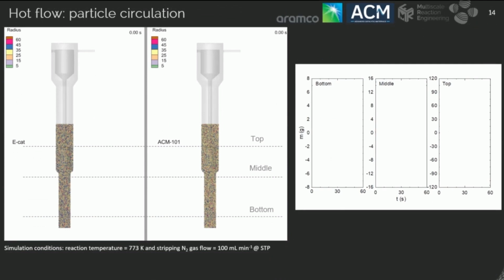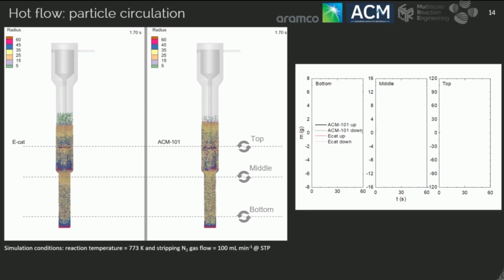Here again we are showing the flux planes. We are targeting the mass of the particles that is crossing up and crossing down those planes. Also on the right you can see that the black color represents the SM101 and the red color represents the ECAT.